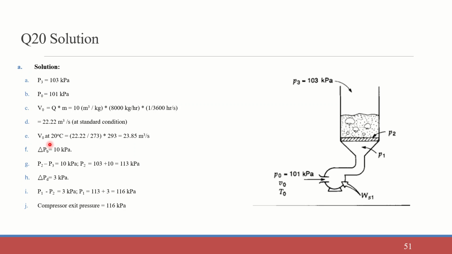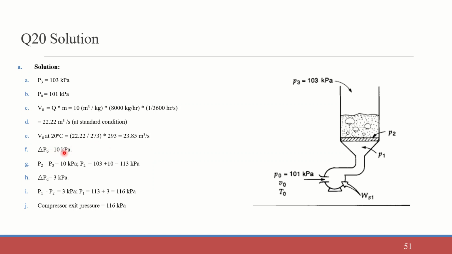And we need to get the value of V0 at 20 degrees Celsius, so we multiply by 293 divided by 273, and we get 23.85 meter cube per second.